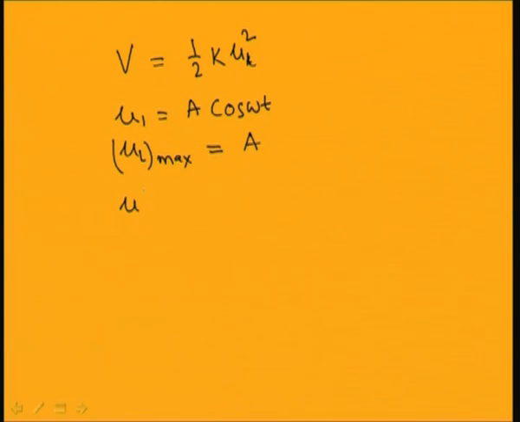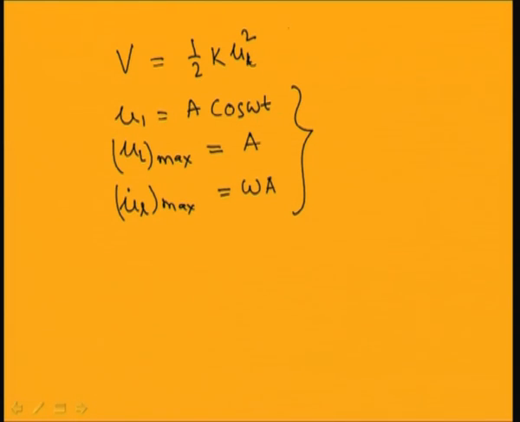Similarly, the maximum velocity u_L dot is a omega sin omega t, so the maximum value will be equal to omega a. So here we are assuming the time function in this way: u_L equal to a cos omega t, so u_L maximum value will be equal to a, and u_L dot maximum value will be equal to omega a.